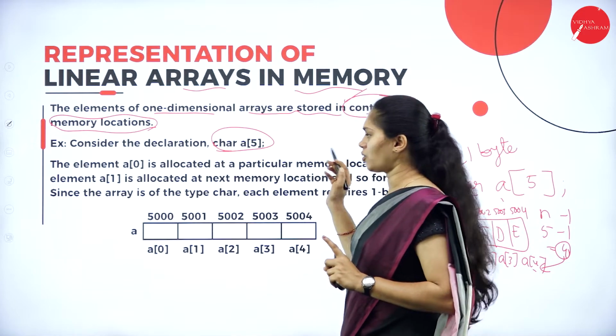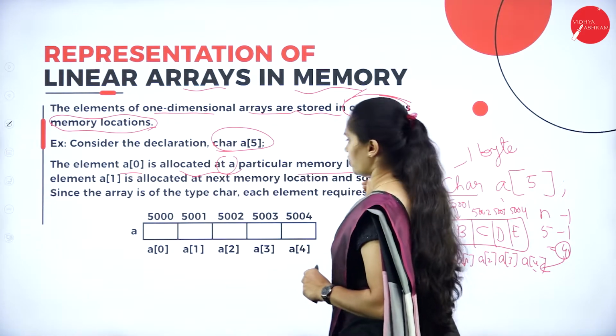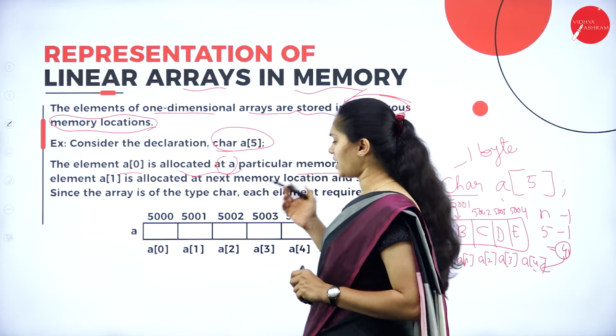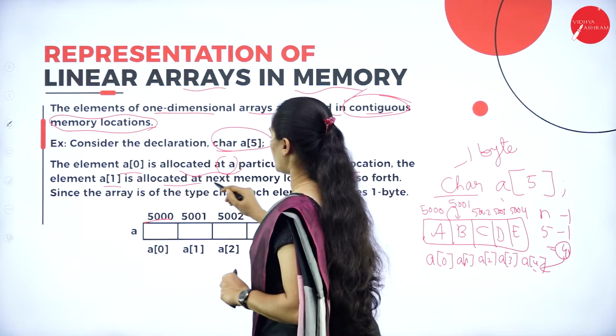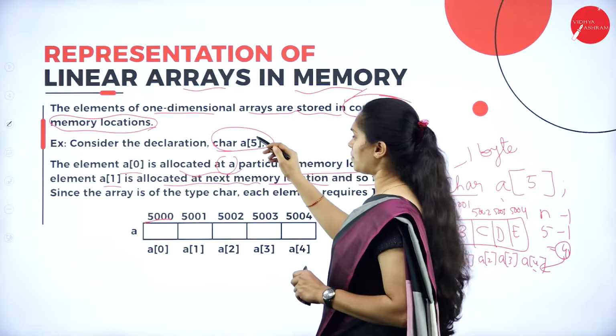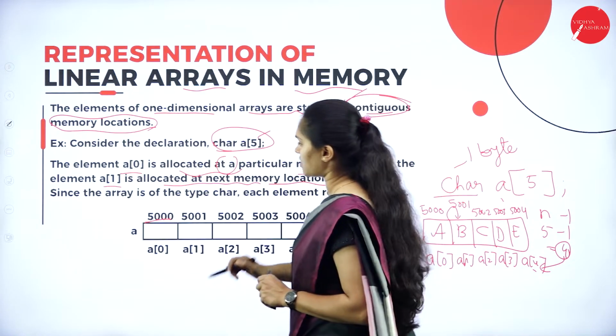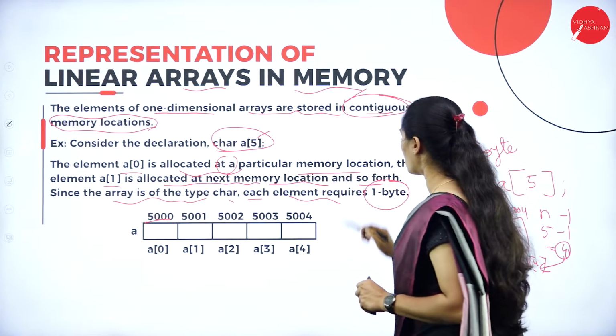This is how the memory location will be considered contiguous memory location. So here, A of 0 is allocated at a particular memory location. That can be anything; I am taking just 5000 as an example here. And A of 1 is allocated at the next memory location, and we continue up to the size of the array. That array is of type char. Each element requires 1 byte.